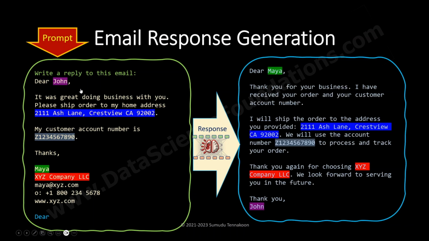What are the things we observed in the previous video? We observed it correctly identified who sent the email, which is Maya as the sender and John as the receiver. And when the response was generated, those two things were identified and applied in the correct way: addressing Maya and being sent by John in the generated response. It also correctly identified certain entities, like the address and the account number.